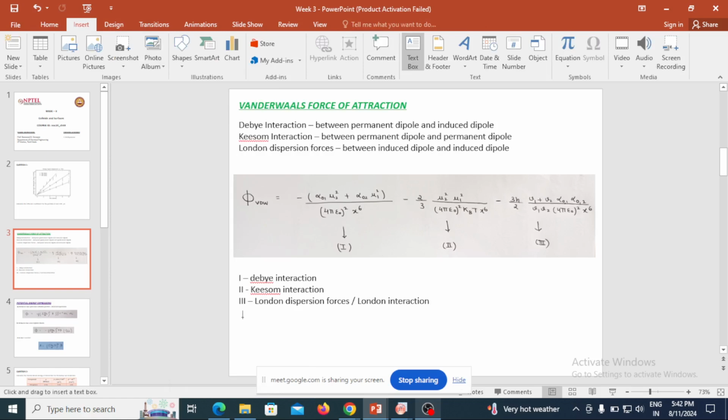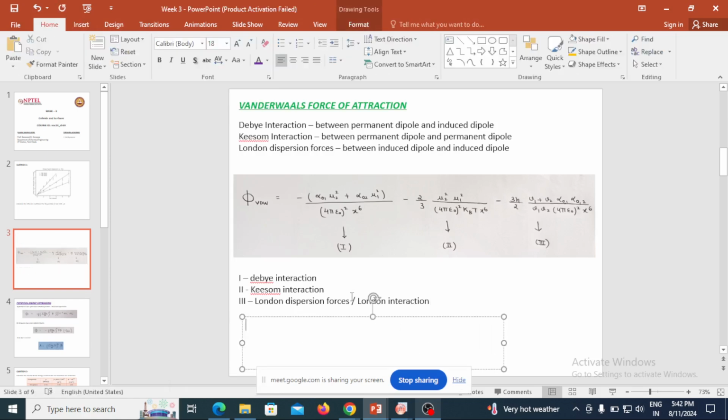So I would like to hear it from you guys again, which variable signifies what. So anyway, first is mu.